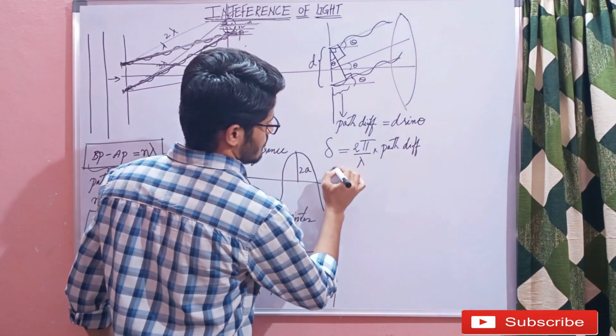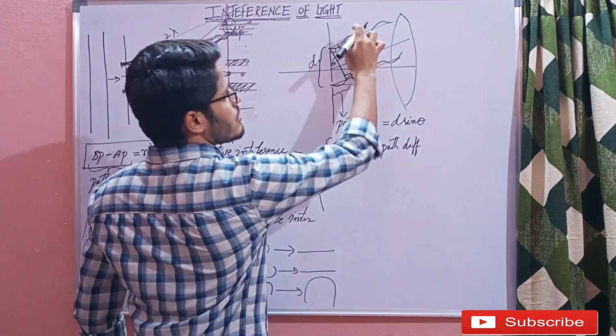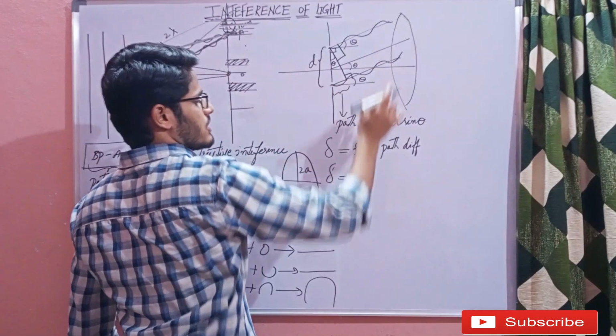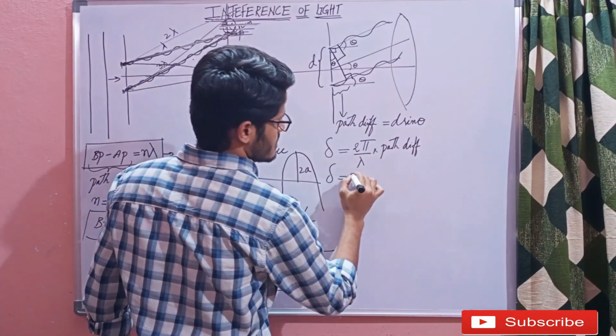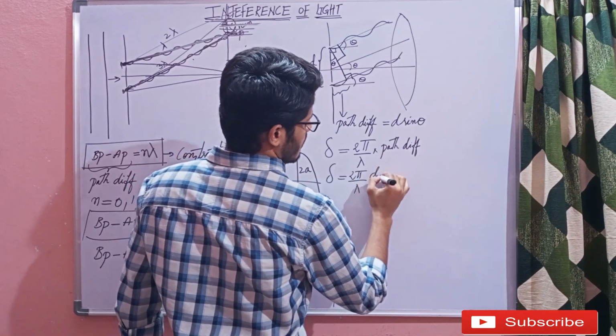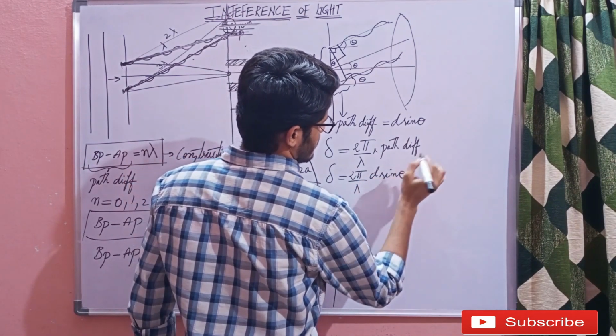So to get the phase difference of the wave, I am trying to find out the phase difference between these two light rays. That phase difference is 2 pi by lambda d sine theta.